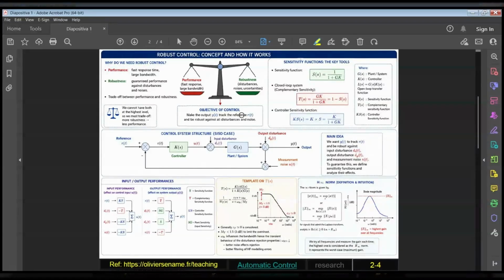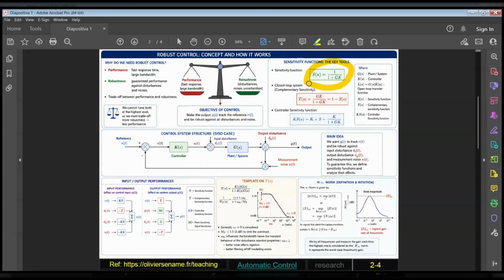So the main question becomes: how do we evaluate performance and robustness? For that, we use the sensitivity function. The most important one is the sensitivity function S, which is equal to 1 over 1 plus GK.